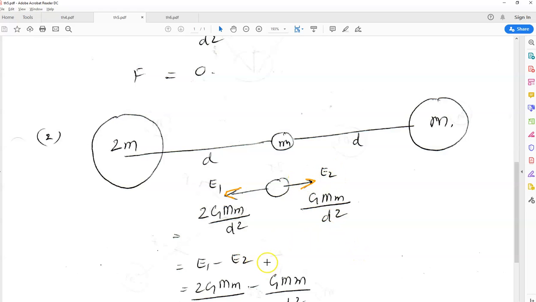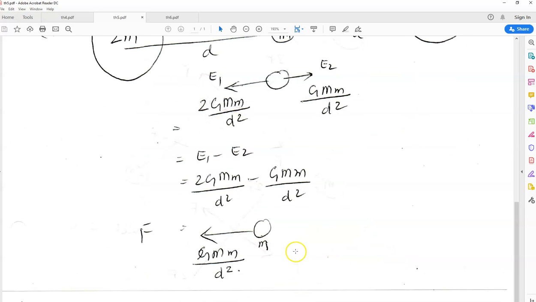You might have been taught that for any force in one direction, I can reverse the direction by having a minus sign. When you add these two, you end up getting the resultant force. So the net force is GMm/d².